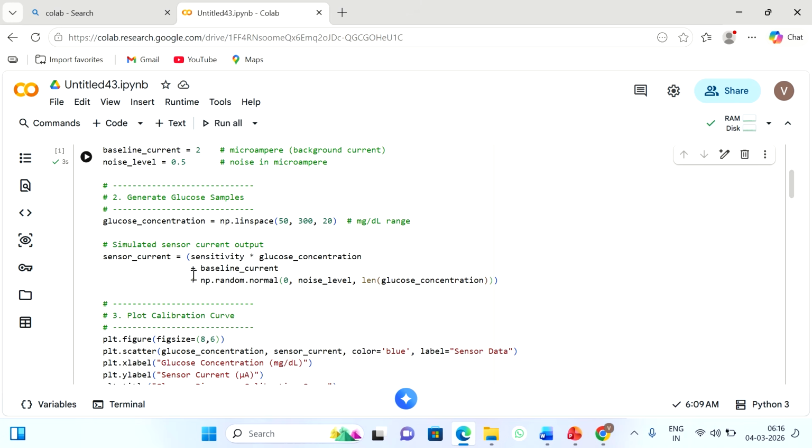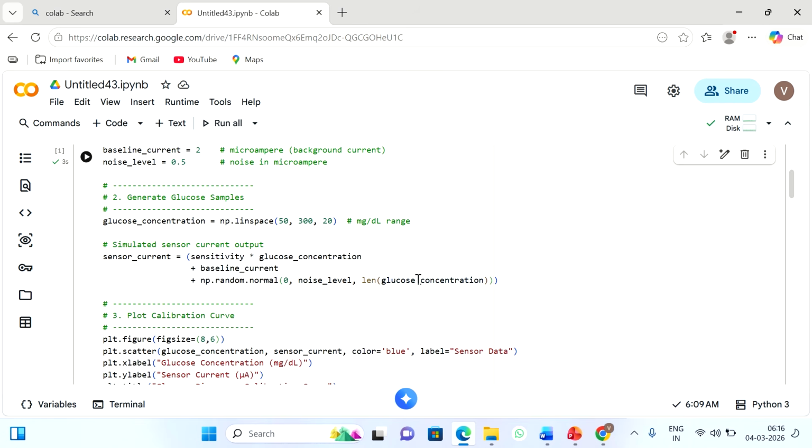sensor_current is equal to sensitivity * glucose_concentration + baseline_current + np.random.normal(0, noise_level, len(glucose_concentration)).